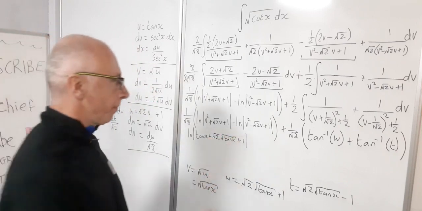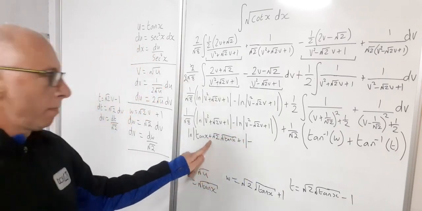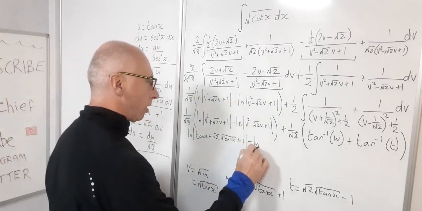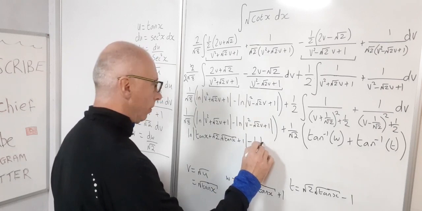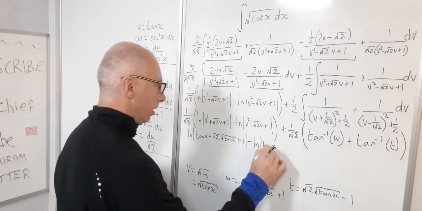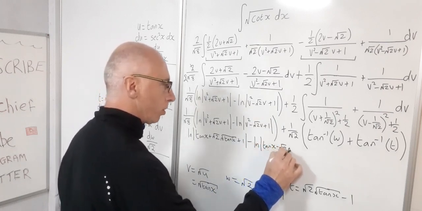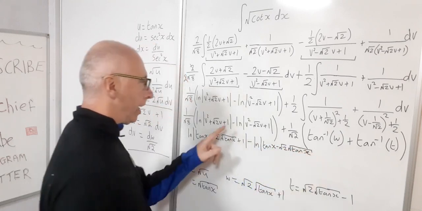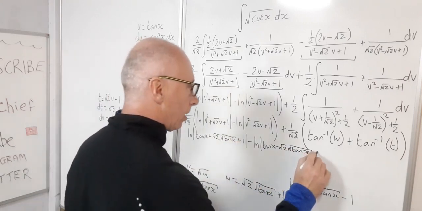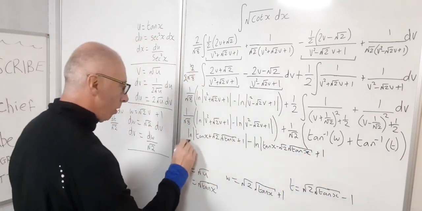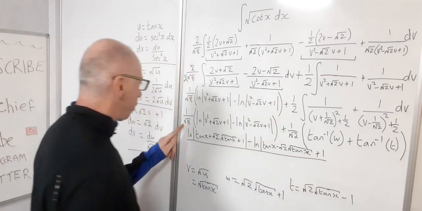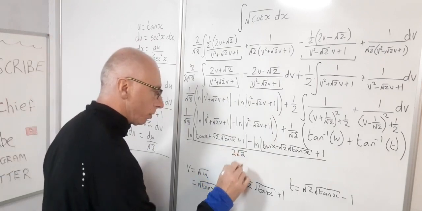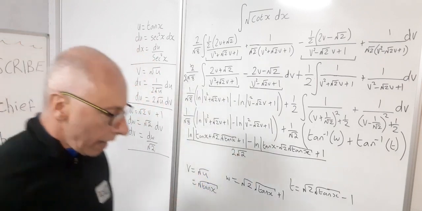And now my second one is the same again, but with a minus sign inside. So minus natural log absolute value of tangent x minus root 2 square root of tangent x, and then that's going to be a plus 1 again. And then let's not forget that this is one fraction all over square root of 8. So let's just write that as 2 root 2. Okay, so that takes care of that.